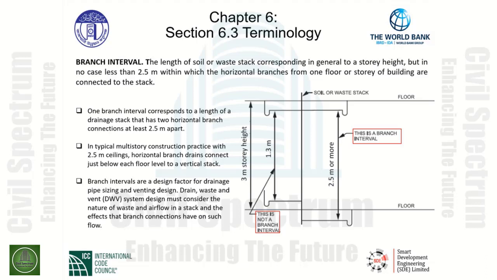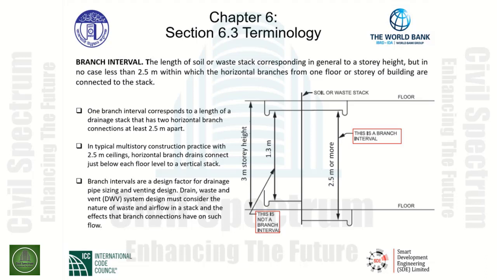To the right-hand side of the soil or waste stack, we can see that the measurement from the horizontal drainage pipe below floor level 1, the soil or waste stack rises, in this case, 2.5 meters or more to the next horizontal drainage pipe tied to the soil or waste stack. When this happens, this is considered a branch interval. Again, meeting the definition. In no case less than 2.5 meters.